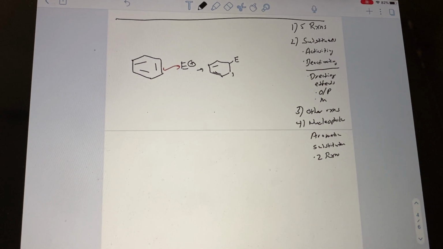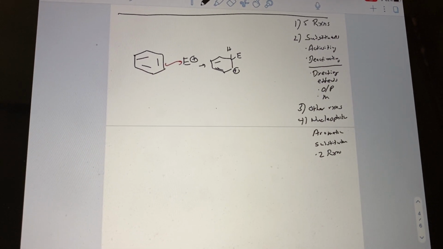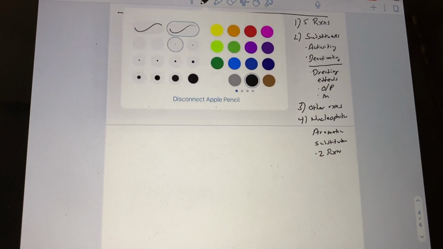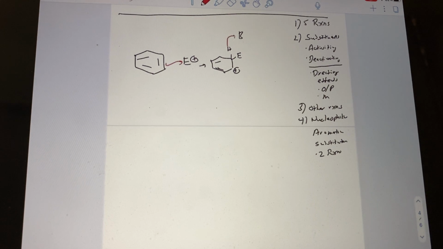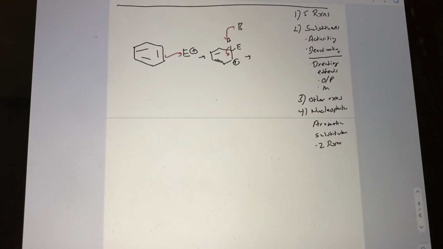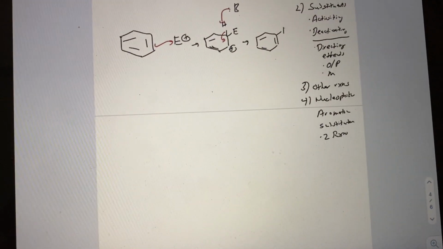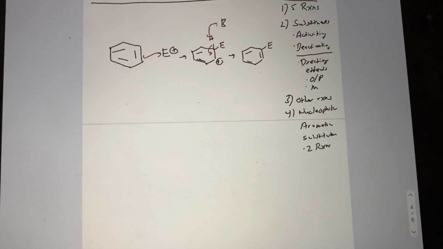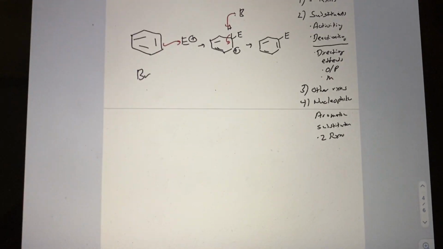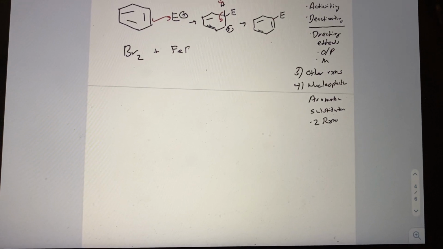I'm rewriting essentially the same thing. We have a carbocation intermediate that's resonance stabilized, and then we're going to have something pull this proton off to reform our benzene ring, substituted with the electrophile. So we first use bromine plus a Lewis acid, FeBr3.